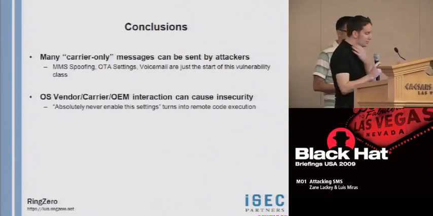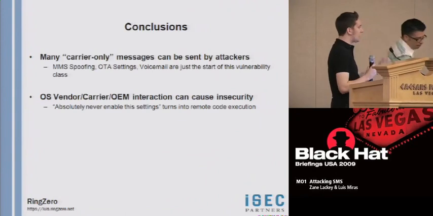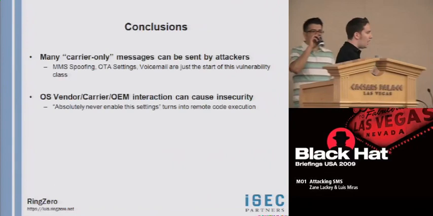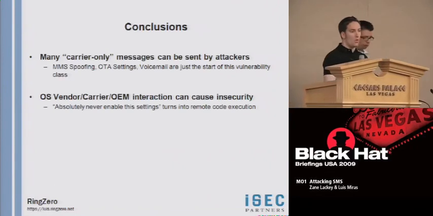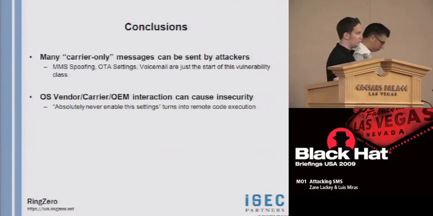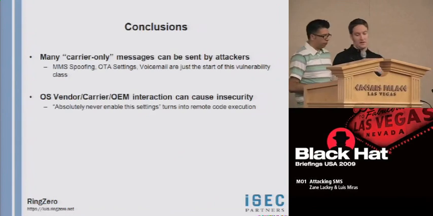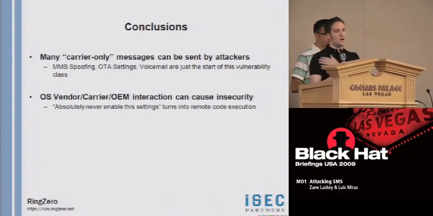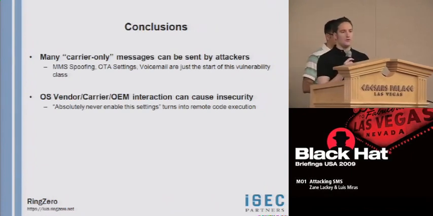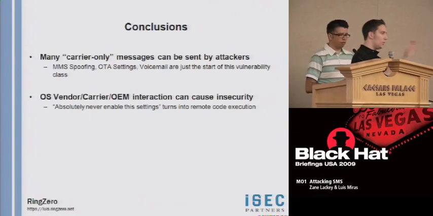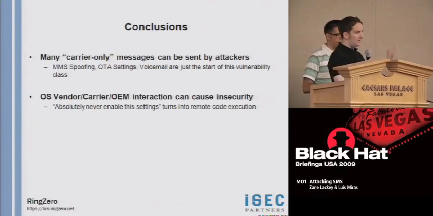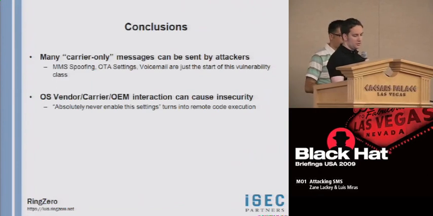The other thing that we want you to think about is the interaction between the OS vendor, the OEM, and the carrier is definitely going to produce more security issues like the one that we saw in Windows Mobile. That's not the last security issue we're going to see from that. And it's just something to think about, because those of us from the normal software vendor world are used to having one vendor who's directly responsible for a product, and they're who you go to for a fix, and they're responsible for the security of that product when it ships out the door.